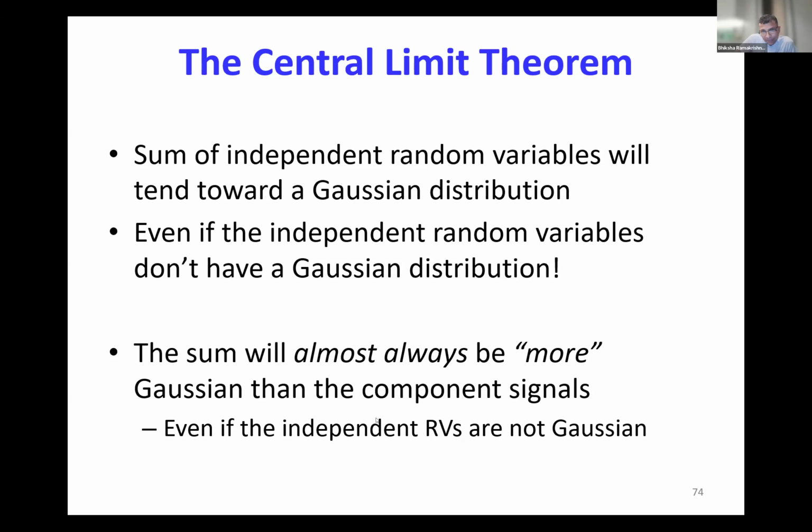You agree? Yes. Which is why if you add two Gaussian random variables, you're not going to make it more random. They're already maximally random, which is why you cannot perform independent component analysis on random variables that are already Gaussian.